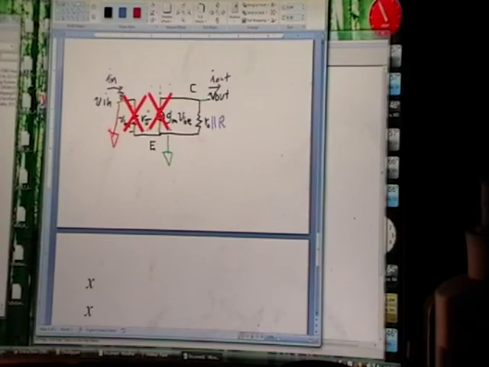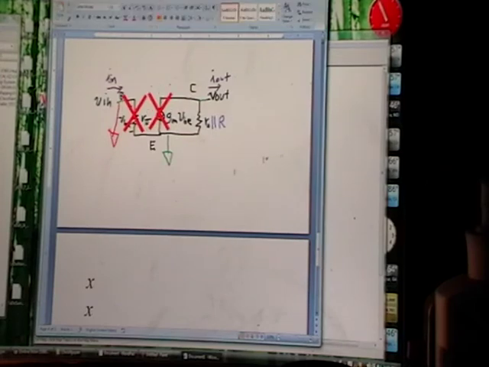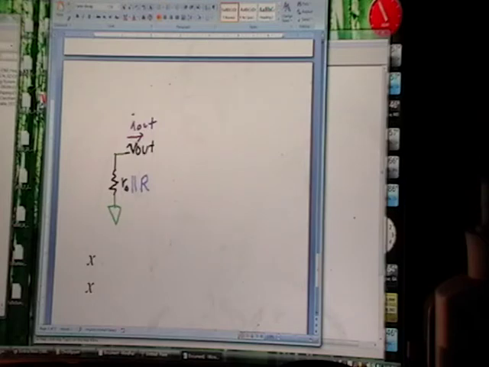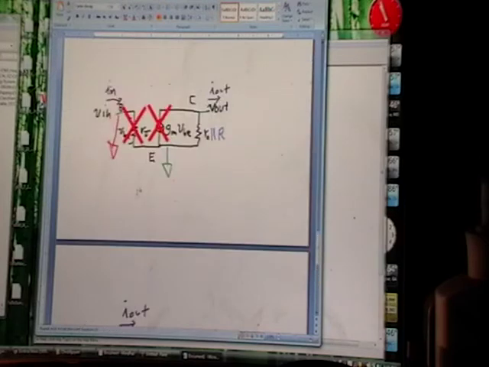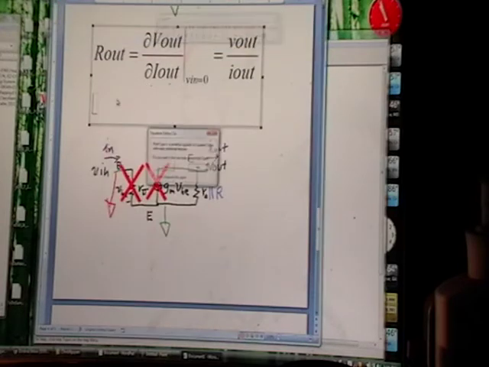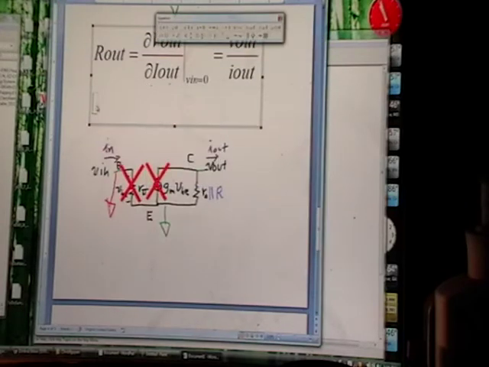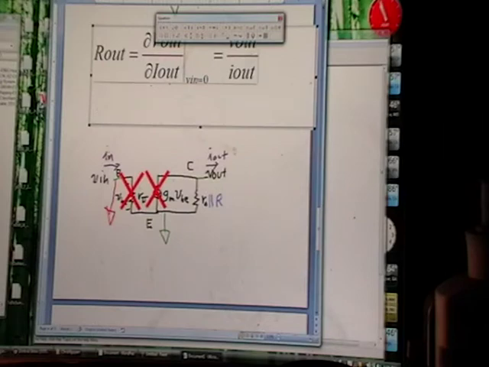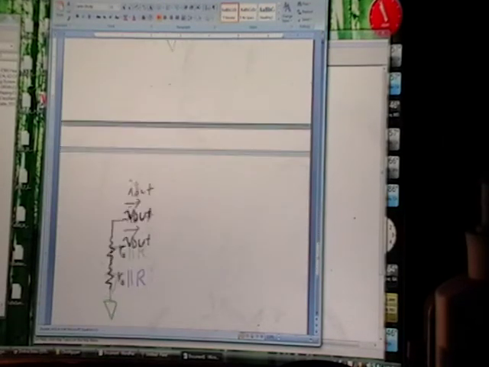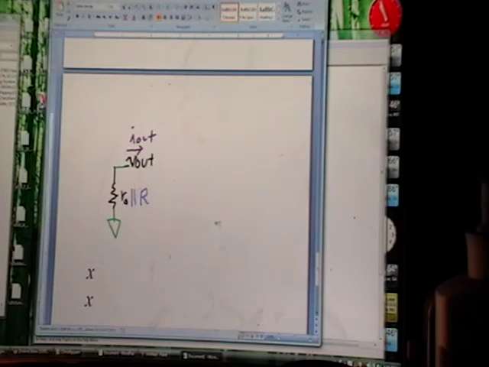Okay, so once you zero those two things, what you get is this. Now let's find that equation.